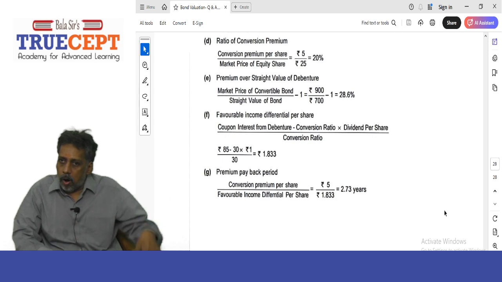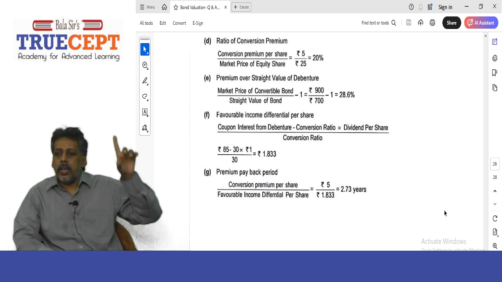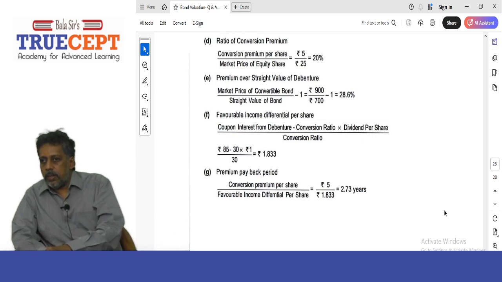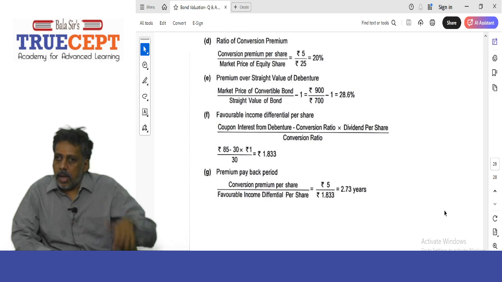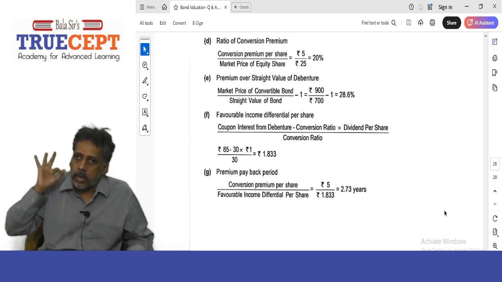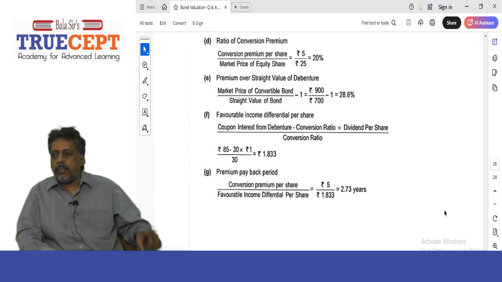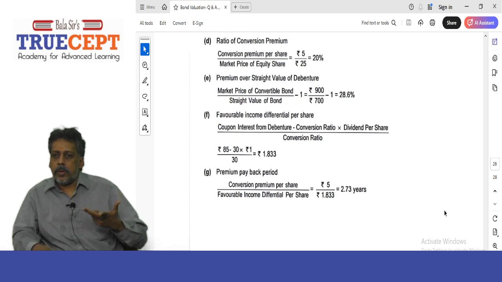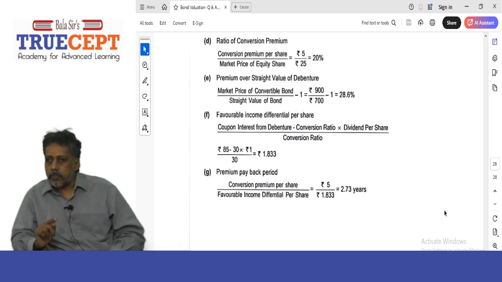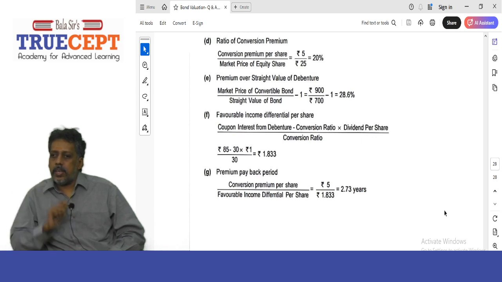Because one bond you're holding, you can convert into 30 shares anyway. So you're earning 55 rupees extra as coupon, and still you have an option to convert the bonds into 30 shares. What is the favorable income differential per share? 55 rupees by 30 shares, how much do you get? 1.833 rupees per share.